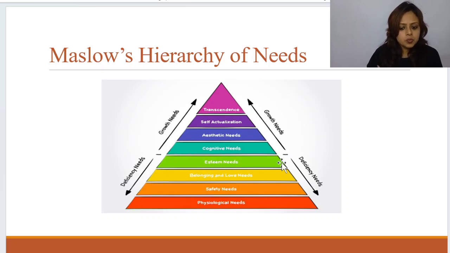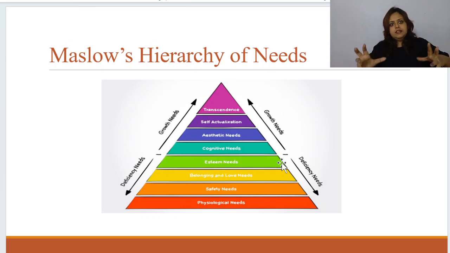Deficiency need means what? It is a need where an individual is lacking something, or it can be said that deficiency needs are mainly associated with the absence of something very essential which is required for survival or for well-being.